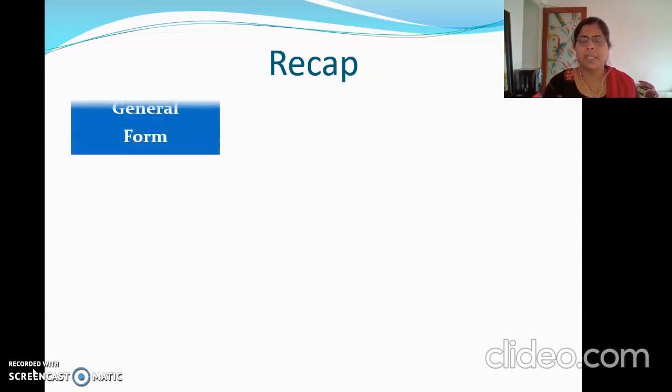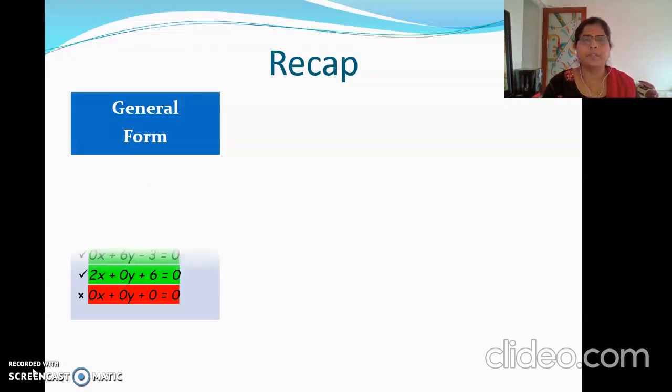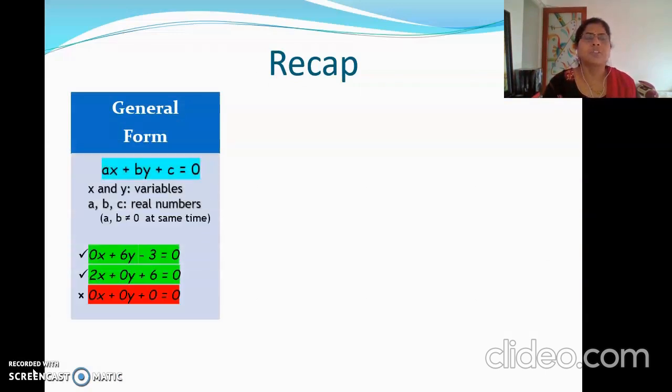Let's have some recap. What is the general form of the linear equation in two variables? The general form is ax + by + c = 0, where x and y are the variables and a, b, c are real numbers. Here note a and b are not equal to 0 at the same time.